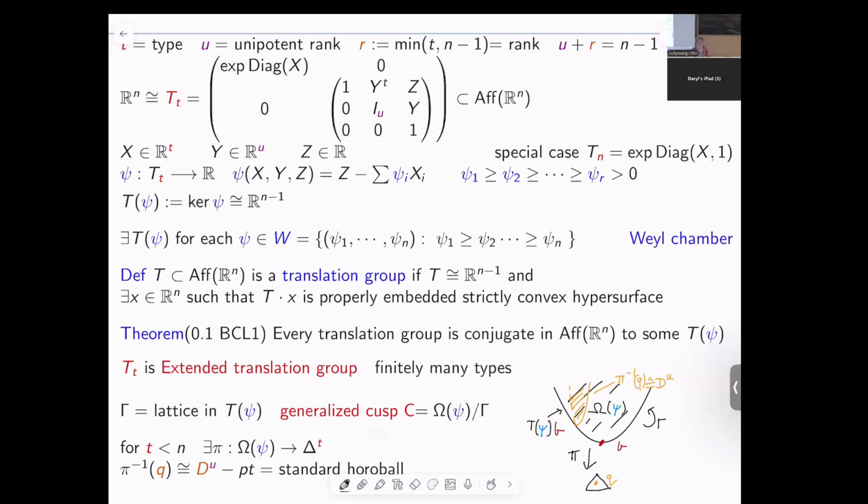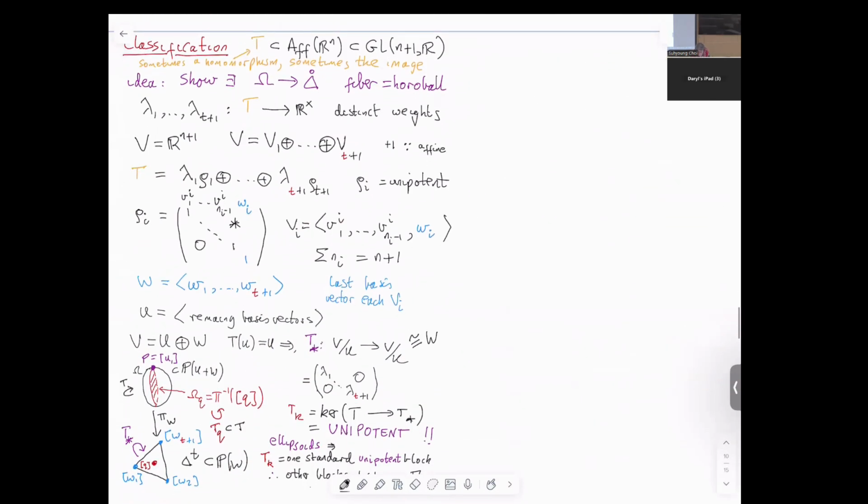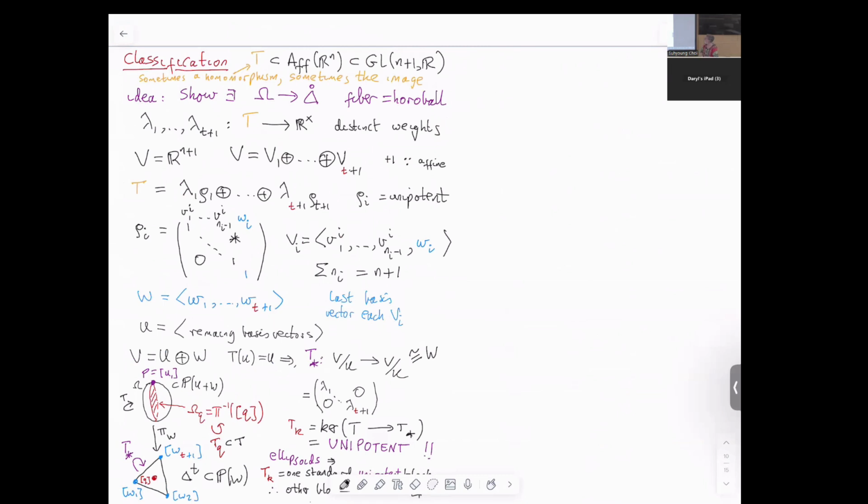Shout out if you have a question. So this is the classification theorem. Okay, so the deal is we've got this subgroup T of the affine group. It is isomorphic to R to the n minus 1 as a Lie group.